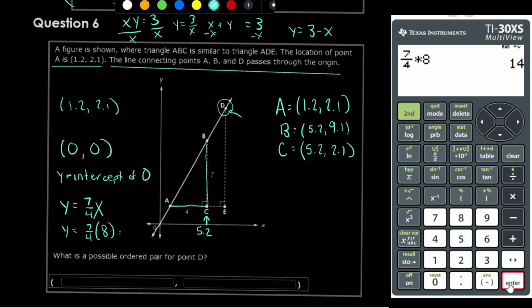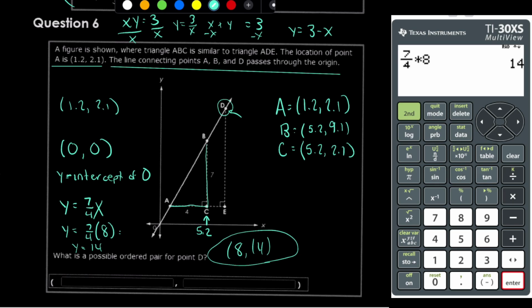And that gives you a point of 8, 14. And this answer is actually the one that the state says is the correct answer.